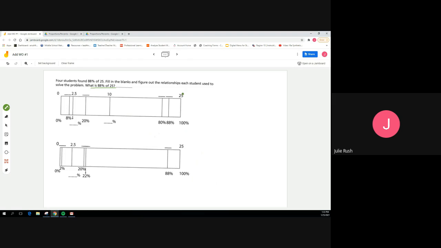So they have 25 lined up with 100% and 0 lined up with 0%. Let's see if we can follow their thinking here. Looks like they went to 2.5 from 25, so that would be our 10% right here. 20% would be a double of that, which would be 5.